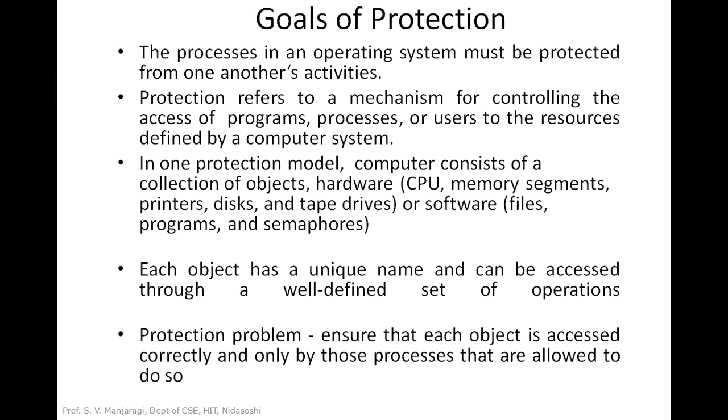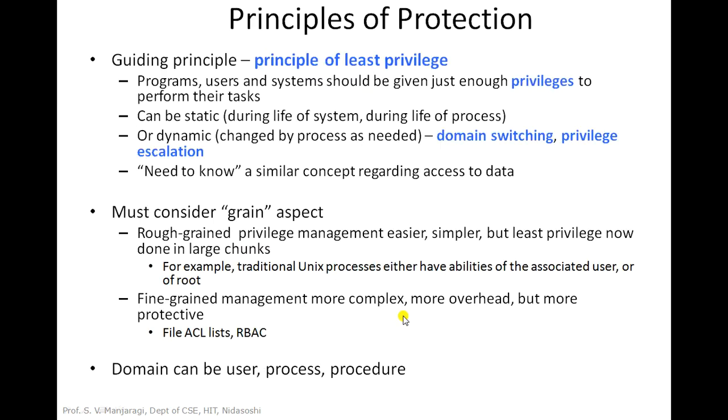It means a particular process in the system can access an object if it has enough access permissions. A process having sufficient access permission can have access to the specific object. So that is the protection we need to achieve in the system.